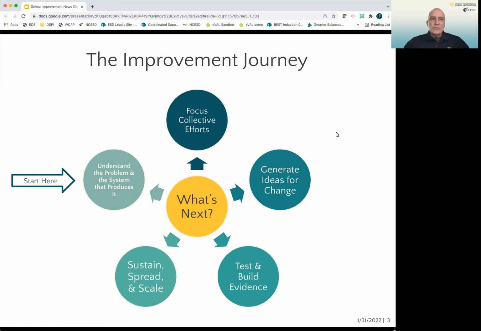Involve those closest to the work in generating change ideas to address potential root causes of your problems. Engage in small-scale testing of change ideas in order to build evidence of impact. And finally, based on that evidence, choose to adopt, adapt, or abandon your change ideas and scale out those ideas that show promising evidence.